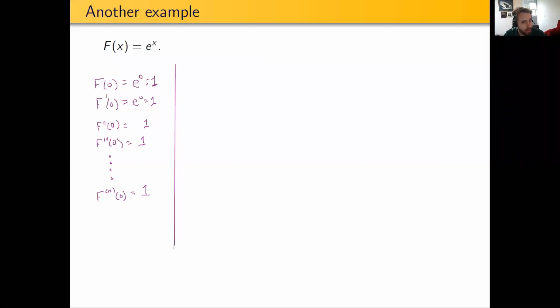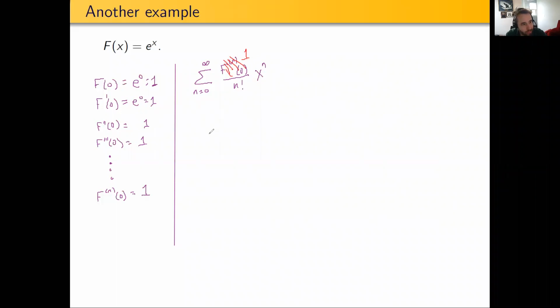I don't have to do any of that complicated index shifting. I can simply recognize that when it comes time to take my sum as n goes from 0 to infinity of f to the n of 0 over n factorial times x to the n, this numerator is just always going to be equal to 1.